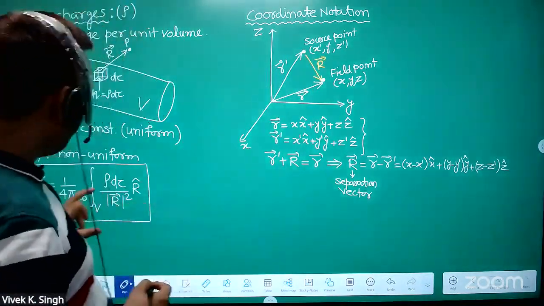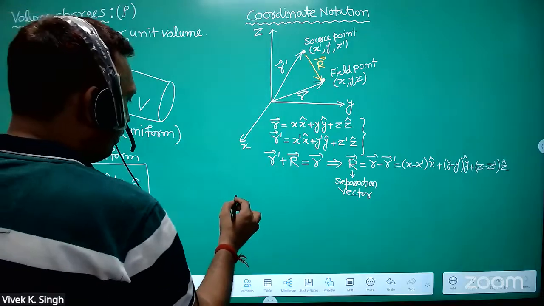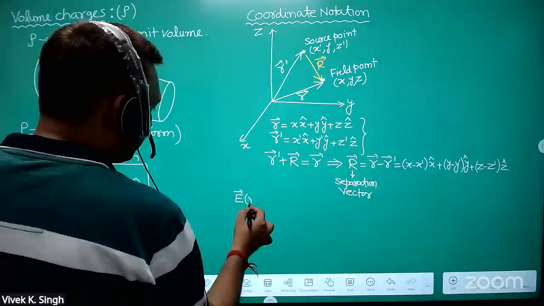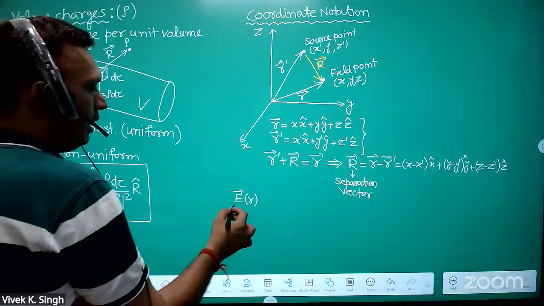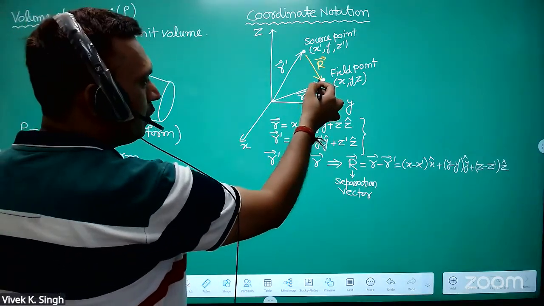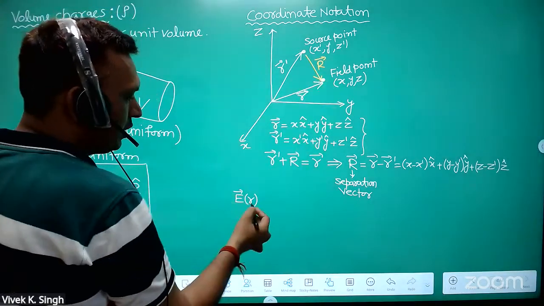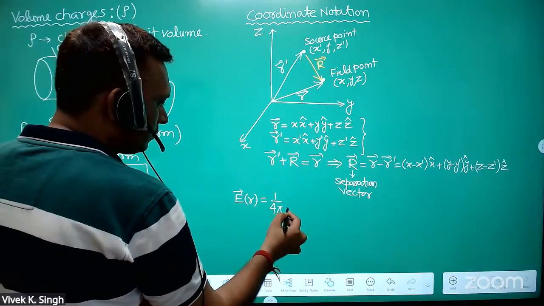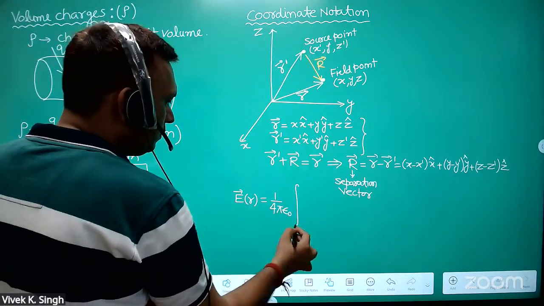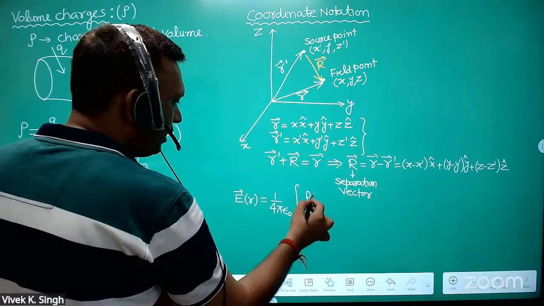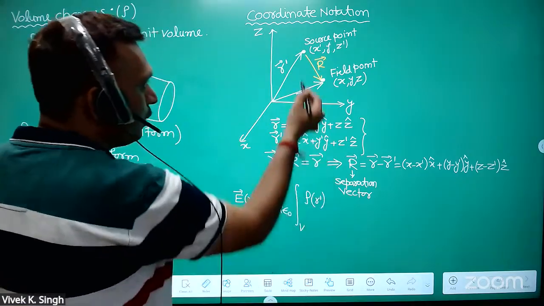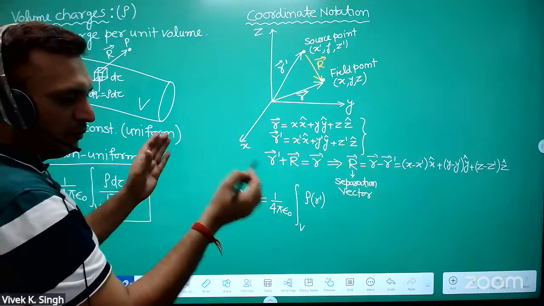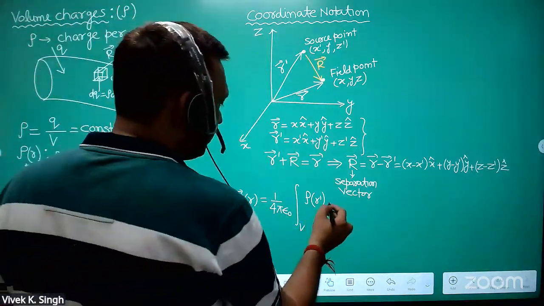If you want to write Coulomb's law in our coordinate notation, we will write E as a function of r, because the field point is a function of r. Then rho is a function of r dash, because the source point is a function of r dash. Just to distinguish between source point and field point, we are taking this notation.